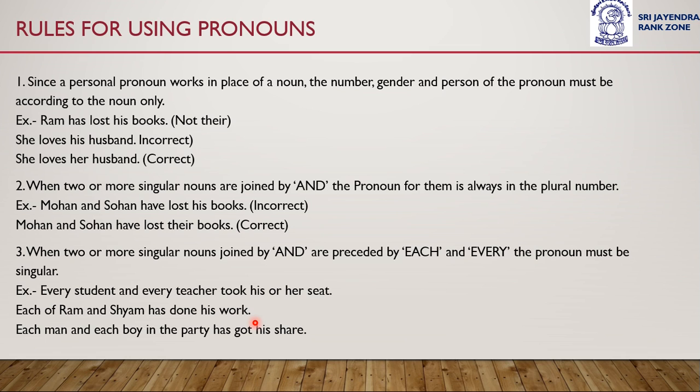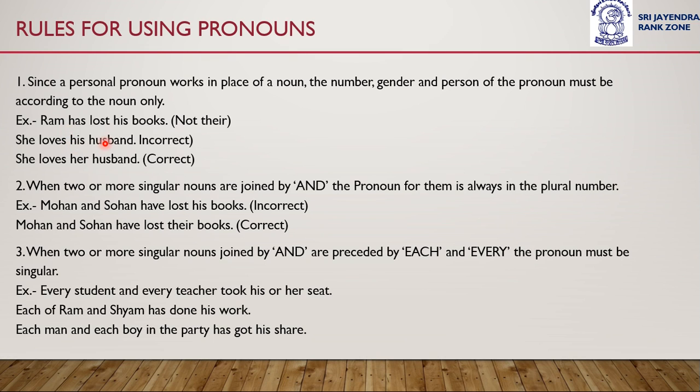Alright. For example, Ram has lost his books. Please notice that we have used his and not their, because we have to match the number, gender and the person of the sentence in order to replace the noun. So the correct sentence is, Ram has lost his books.